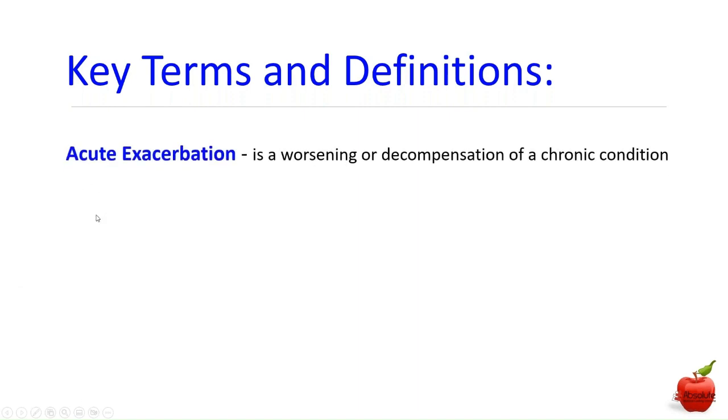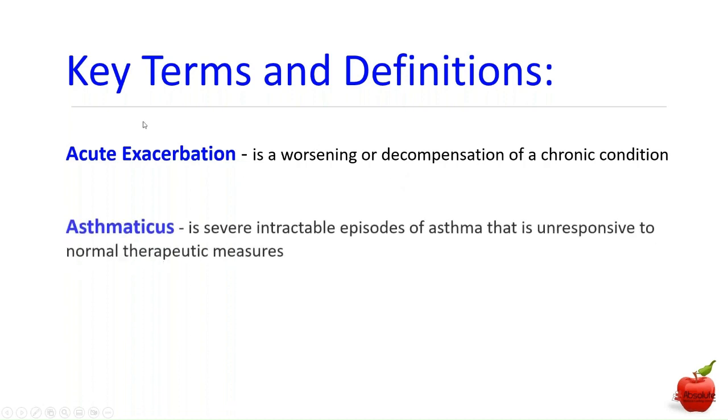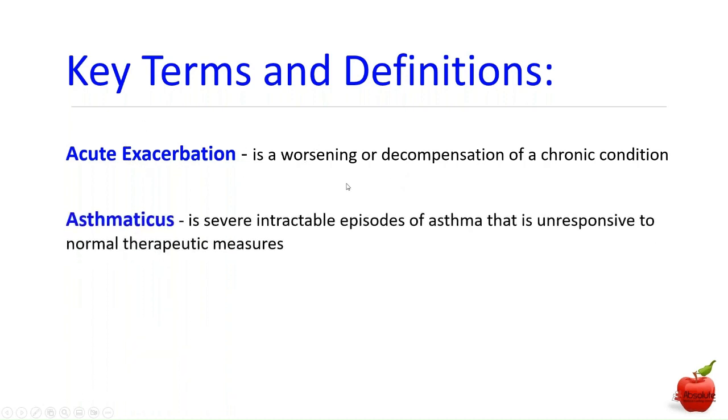Acute exacerbation is a worsening or decompensation of a chronic condition. So if you see the word that the patient has decompensated COPD, that means it's getting worse, or it's an exacerbation. These are things that need to become a part of your working knowledge. If it's not, make note of it in your manual, so when you see these things, it clicks.